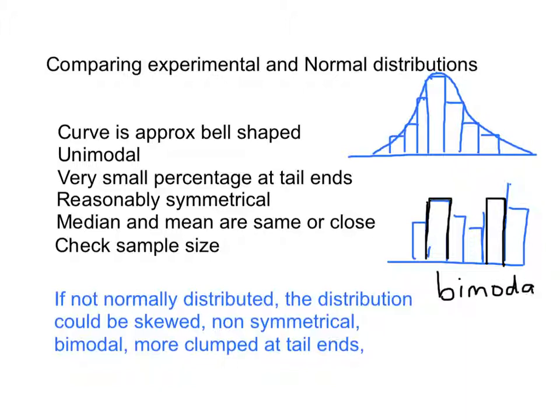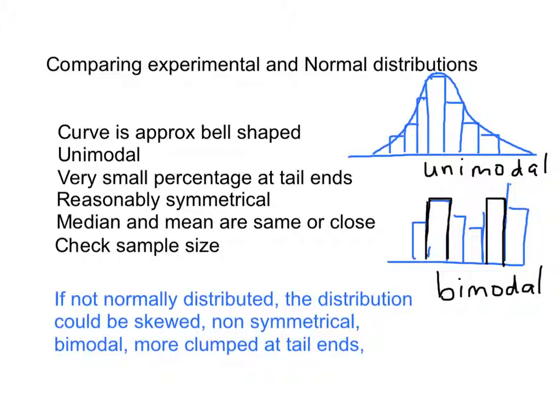The mode is the highest number, and if you've got two that are high, it's bimodal. One, like a unicycle, is unimodal, meaning one peak. Okay, so it's unimodal if it's normal.